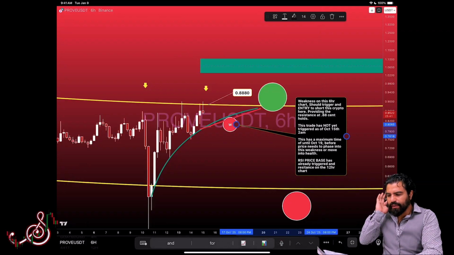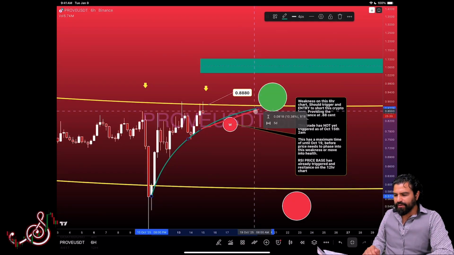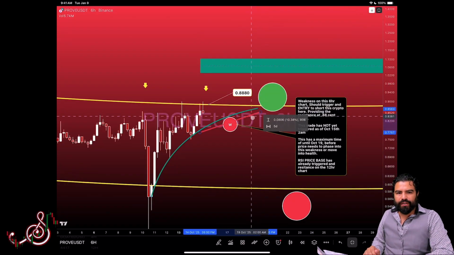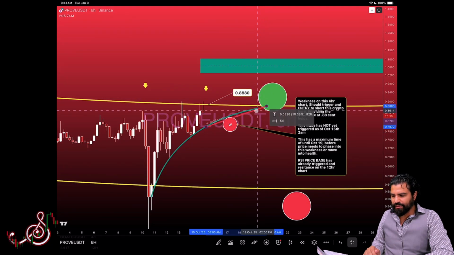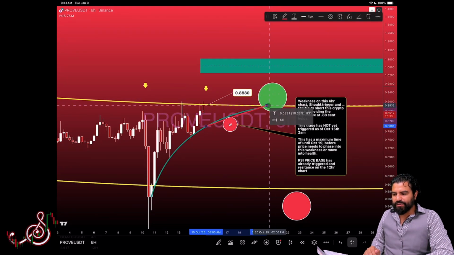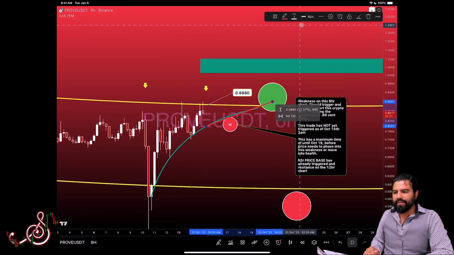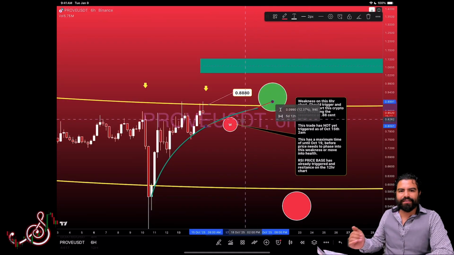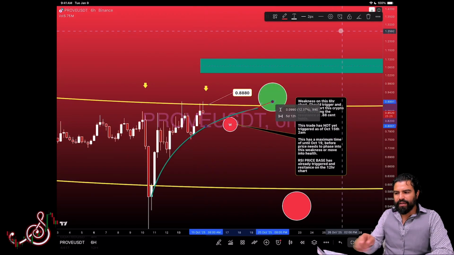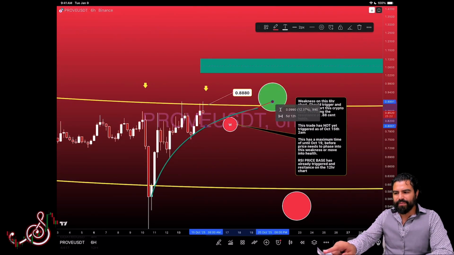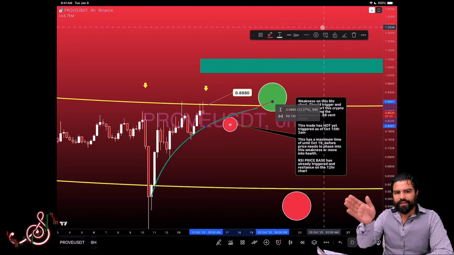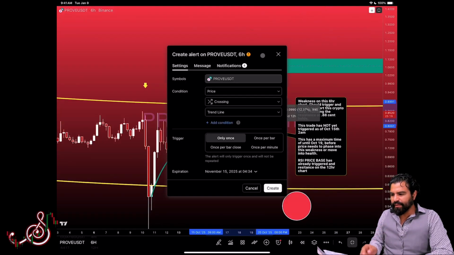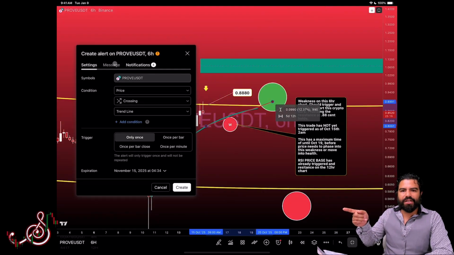Okay, so let's now turn this alarm on. I draw a trend line. You guys can see this, you can follow along. Here's what I'm doing. I'm now going to make that line thin because I don't really need to see it. I just need it to trigger. I'm going to hit my alarm clock button up here on the toolbar. Now I'm going to go to the message tab.